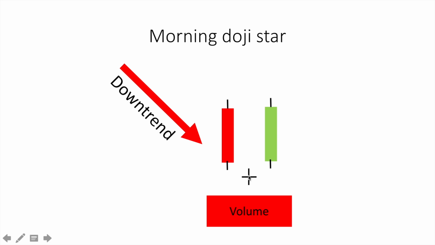Bullish confirmation can come from a gap between doji close and next candle open. Of course, it has to open above the doji close, or long green bullish candle. After long red candlestick and doji, traders should be alerted for a potential morning doji star configuration.